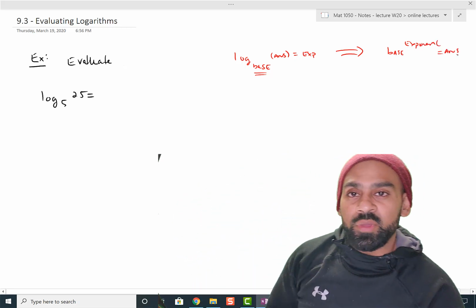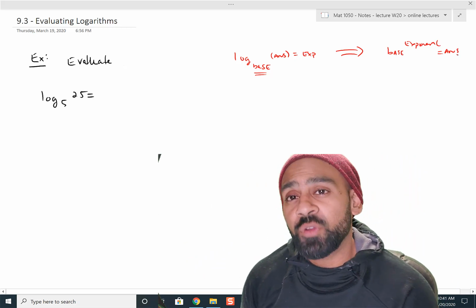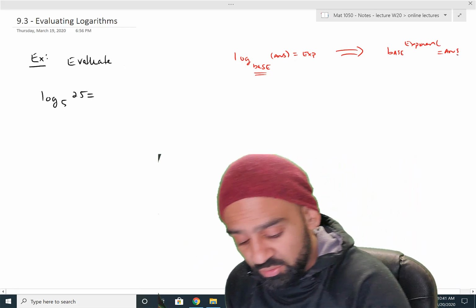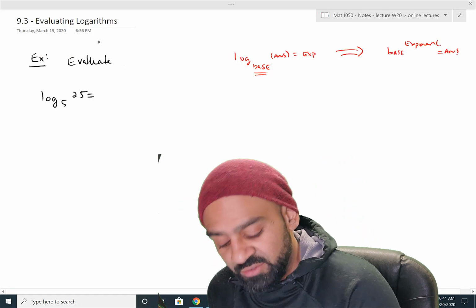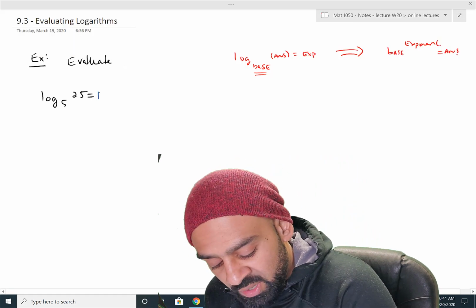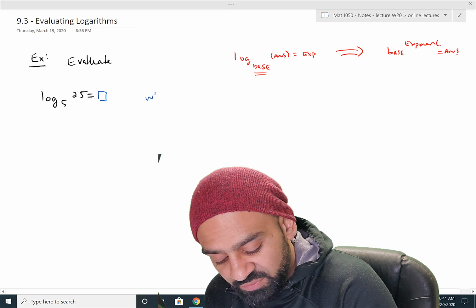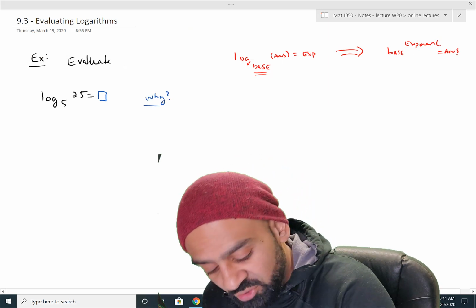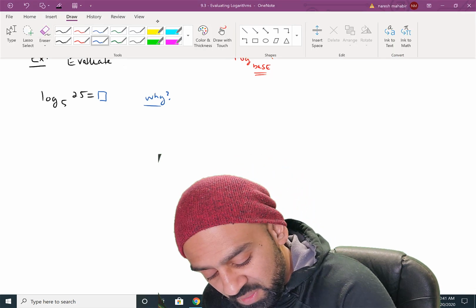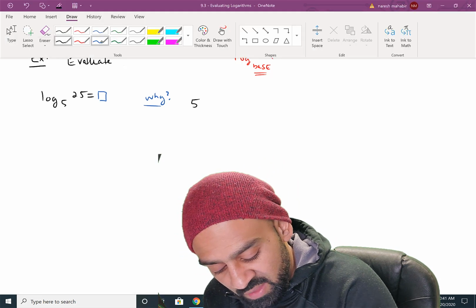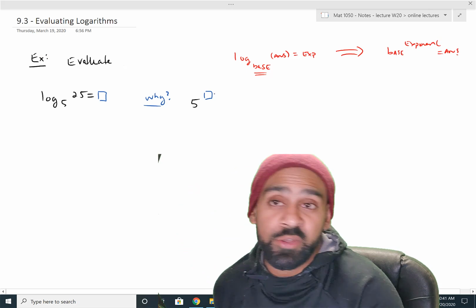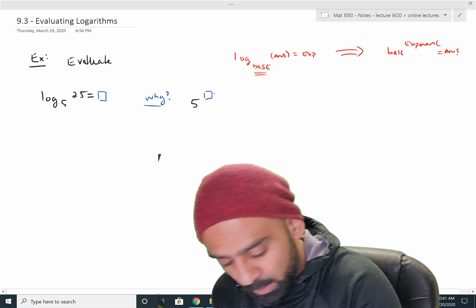So what I'm going to tell you is if you don't know what this is, convert it. It makes it easier to think about. So check this out. Let's say I don't know what it is. Well, what would be my justification? My justification would be the base is 5. I have to raise it to the box exponent, whatever is in that box, and maybe I know what it is, maybe I don't know what it is and I can approximate it, one of the two.